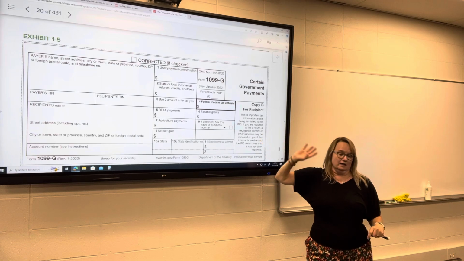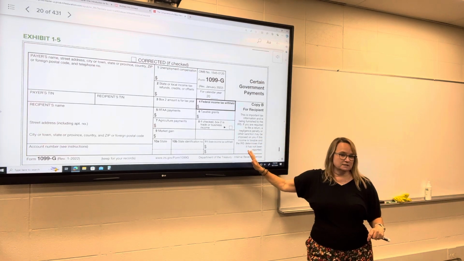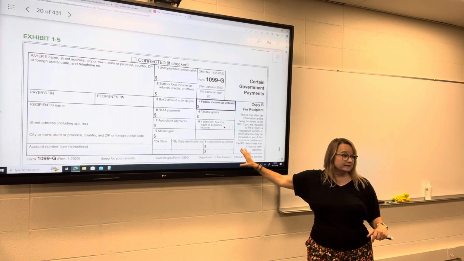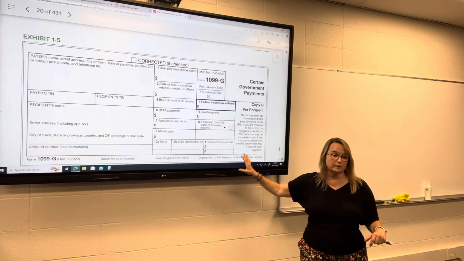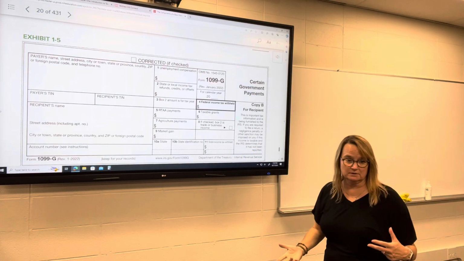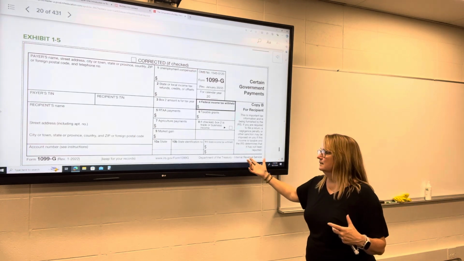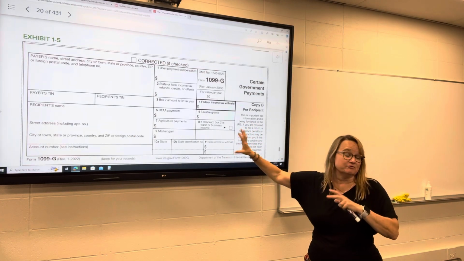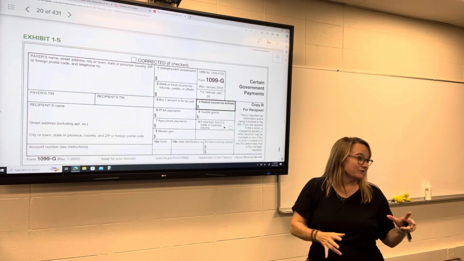These forms are not standardized. They don't have to look like this, and this is one of the things that's kind of annoying when you're preparing taxes, is that these forms don't all look the same. But they have to contain the same information, but it can be in a different configuration.